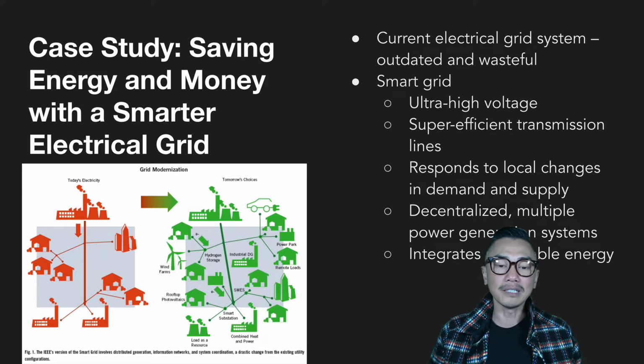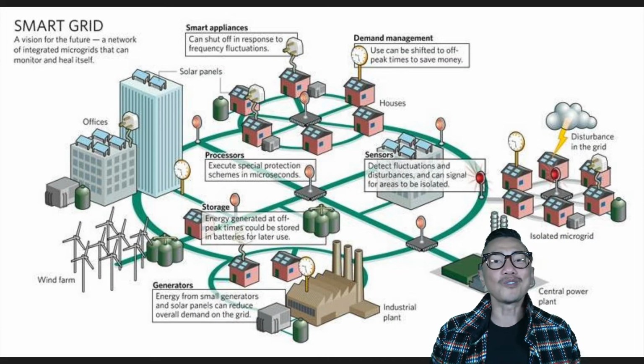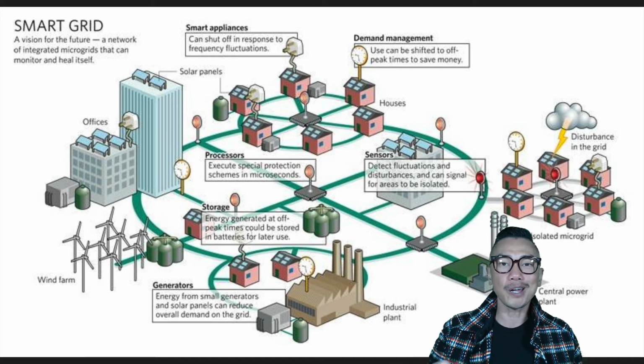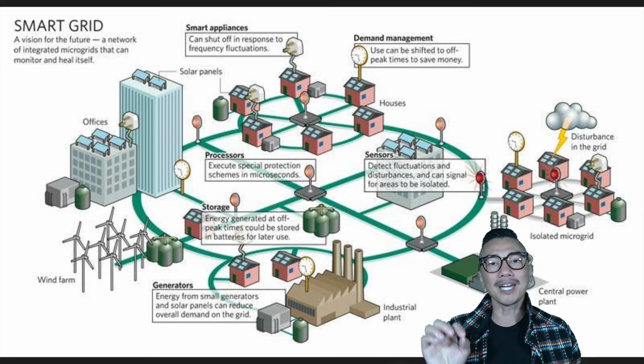And finally, smart grids better integrate renewable energy sources. This diagram shows what a smart grid might look like. It's made up of a number of electricity-producing microgrids. The system can monitor itself and deal with any issues as they arise.